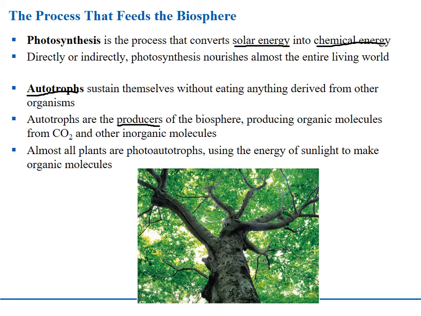And their job is to produce organic molecules, primarily glucose and other carbohydrates, from carbon dioxide and some other inorganic molecules. Almost all of the plants on the planet are photoautotrophs. That means that they use the energy of the sun to make organic molecules. But there are some autotrophs that use other forms of chemicals for this, and we refer to them as chemoautotrophs.